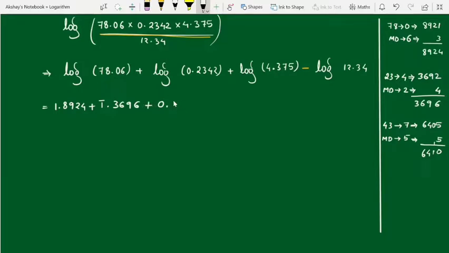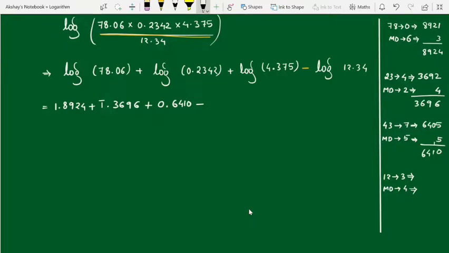So 0.6410. Next, minus this value. 12 under 3, you check what is the value. And mean difference value, how much you have to check? 4. 12 under 3: 0, 1, 2, 3.